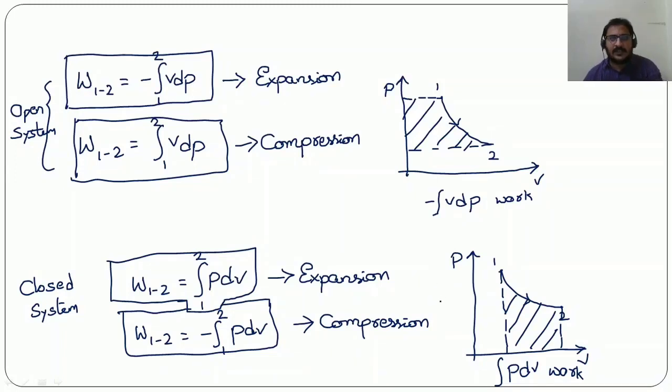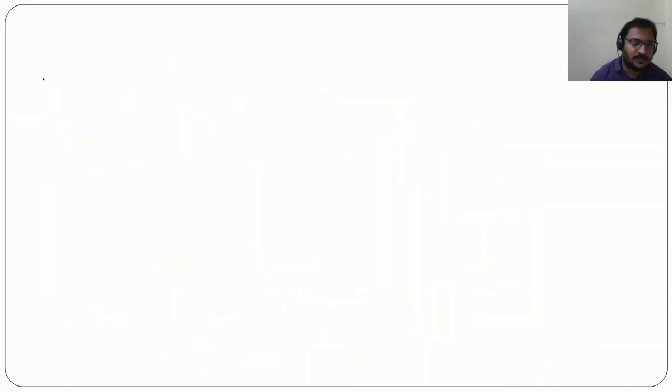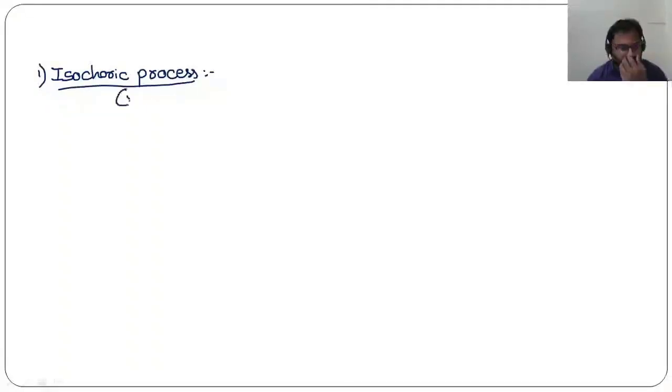Okay. Now let us talk more about this open system. Let us take isochoric process first of all. Isochoric process or reversible constant volume process. The formula for work done is minus integral VdP when we have taken expansion.